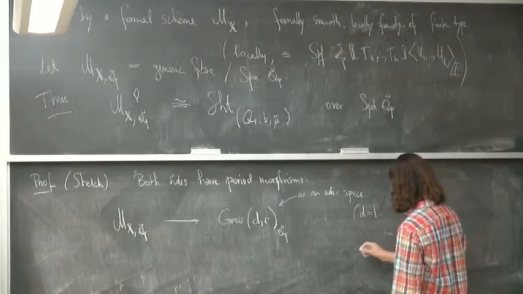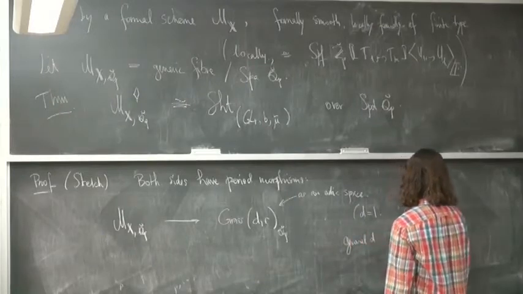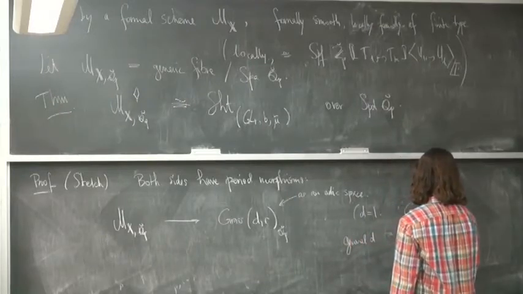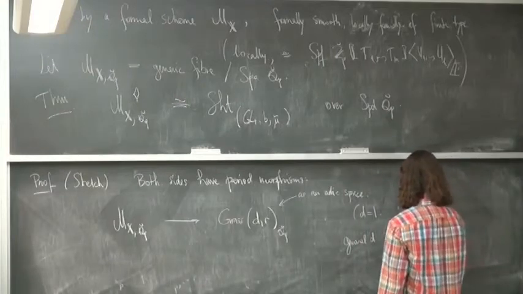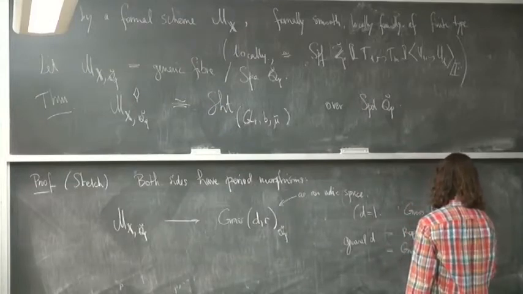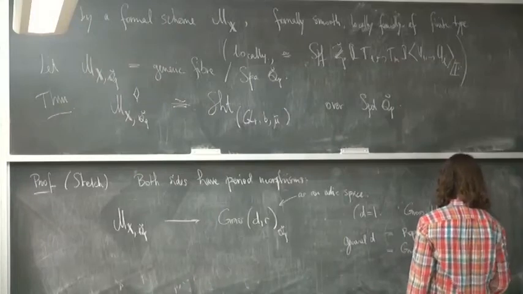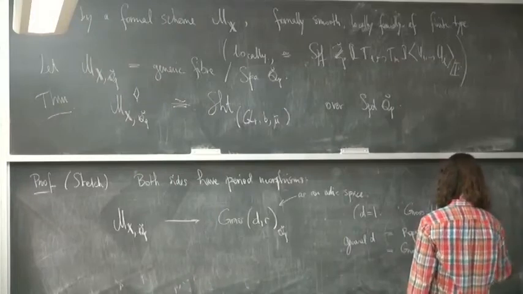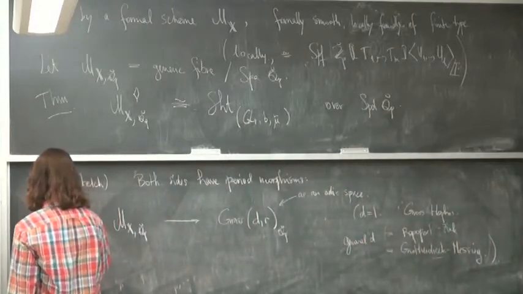Then for general d, this was constructed by Rapoport-Zink. Sometimes it's also referred to as a Grothendieck-Messing period morphism, because it essentially comes from Grothendieck-Messing theory. And probably I will stick to Grothendieck-Messing.